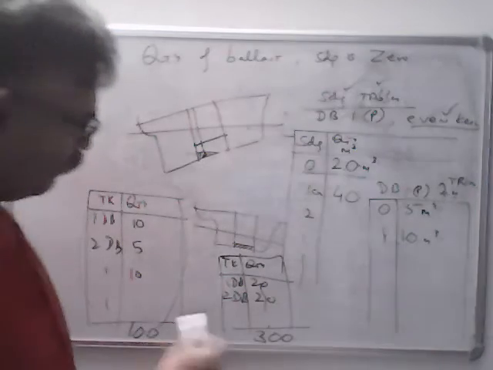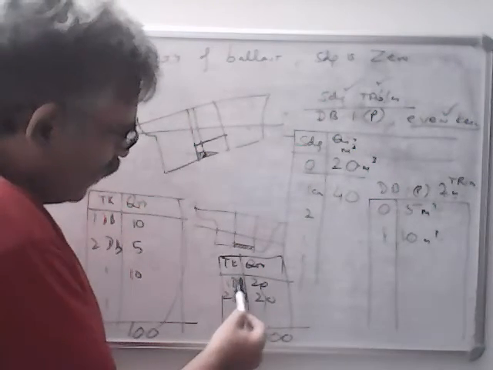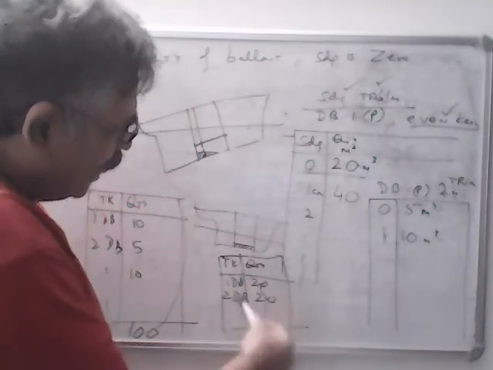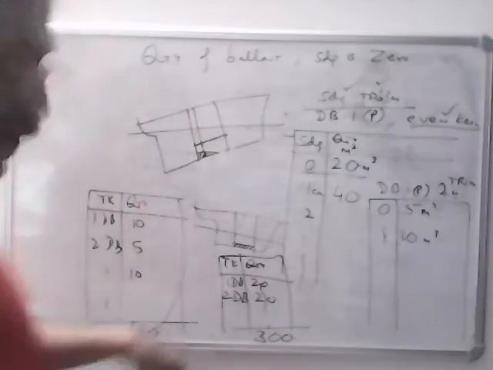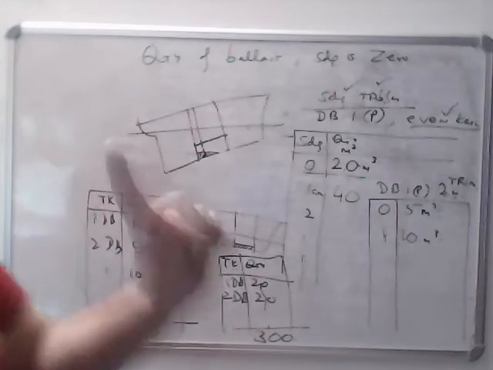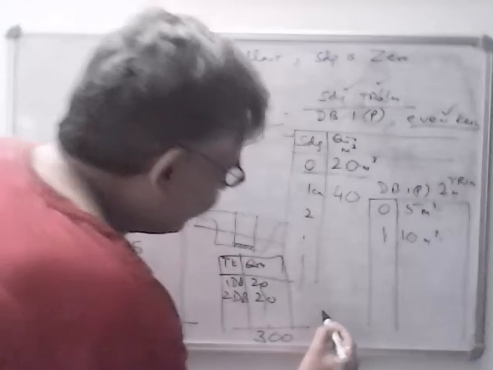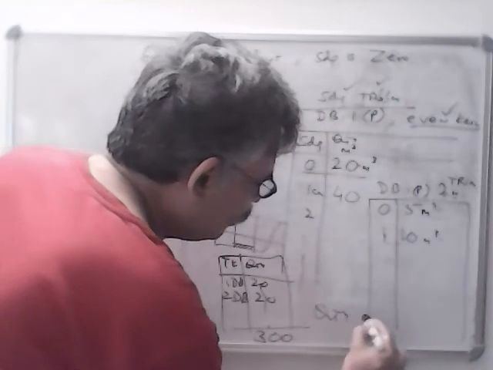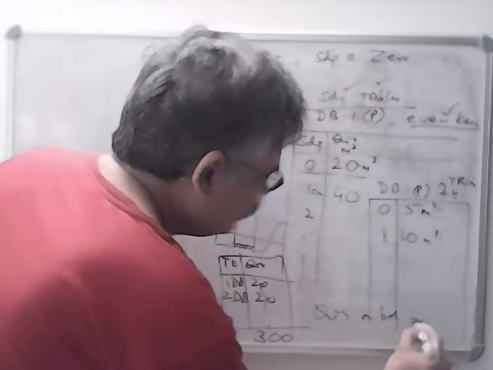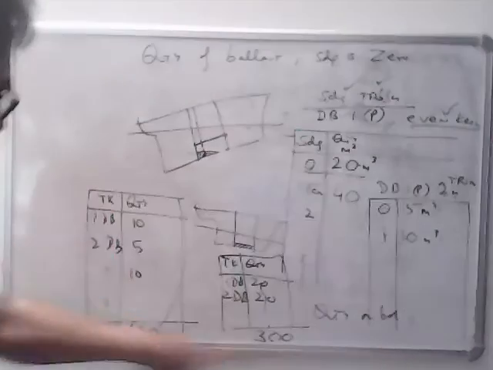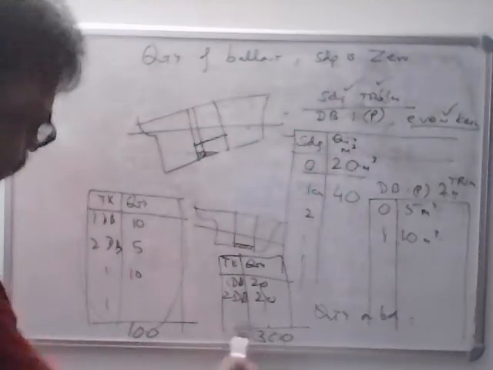The problem is that most chief officers calculate with zero sounding, even keel, like this, and they get 300. So there's only one problem here. When you calculate the quantity of cargo on board, as per this, you get 200 tons less compared to this. This is 300, this is 100.